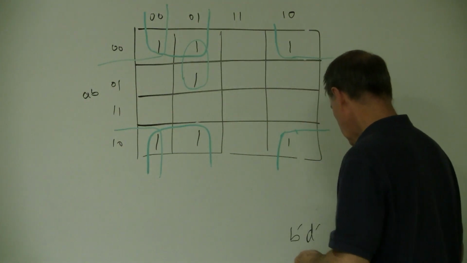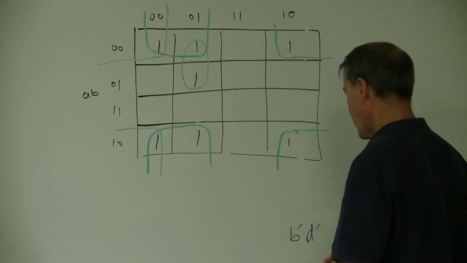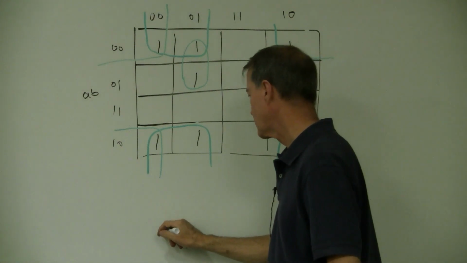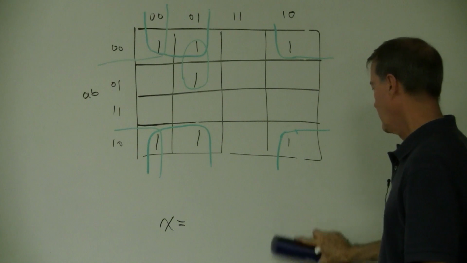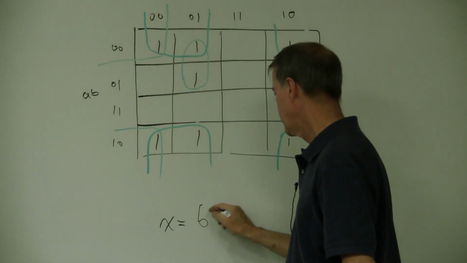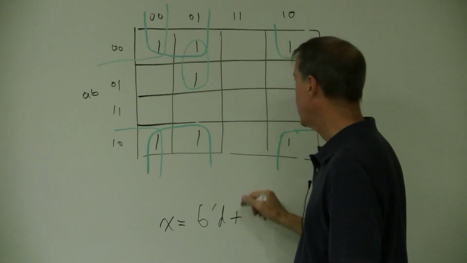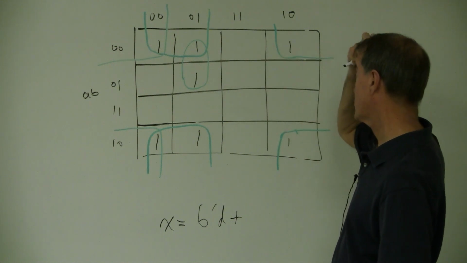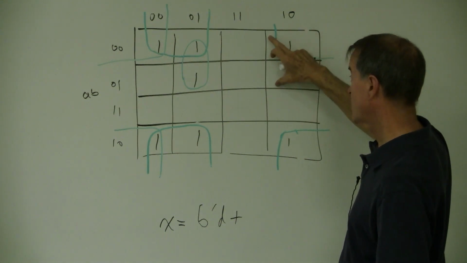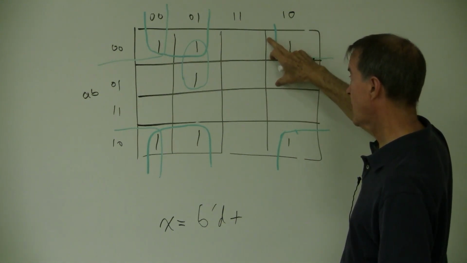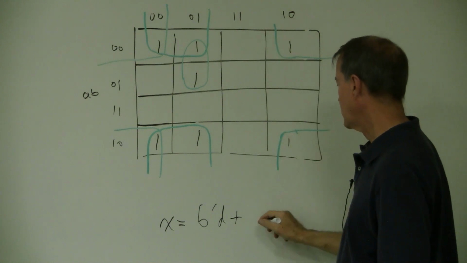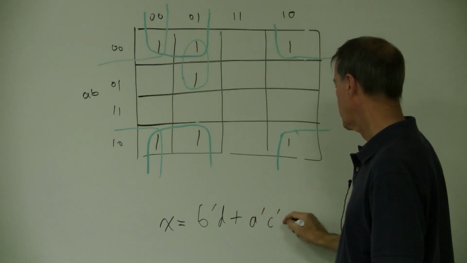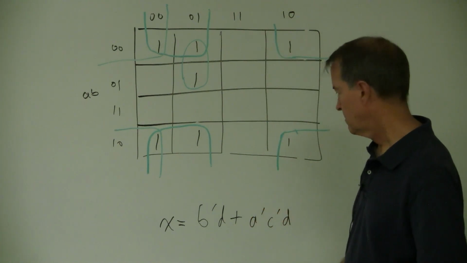So what is our X then, our minimized function? X is what? B prime D prime, or now what is this? The first 2 rows are A prime, yeah? So it's A prime, C prime D. You forgot one still.